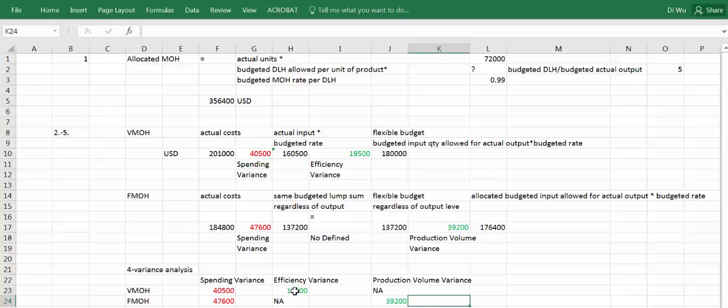For efficiency variance for variable manufacturing overhead, once again we can talk about machine maintenance, the usage of materials, skilled workers, or maybe the machine is more advanced, high quality materials, supplies. The spending variance for variable manufacturing overhead is pretty clear. There are many reasons.